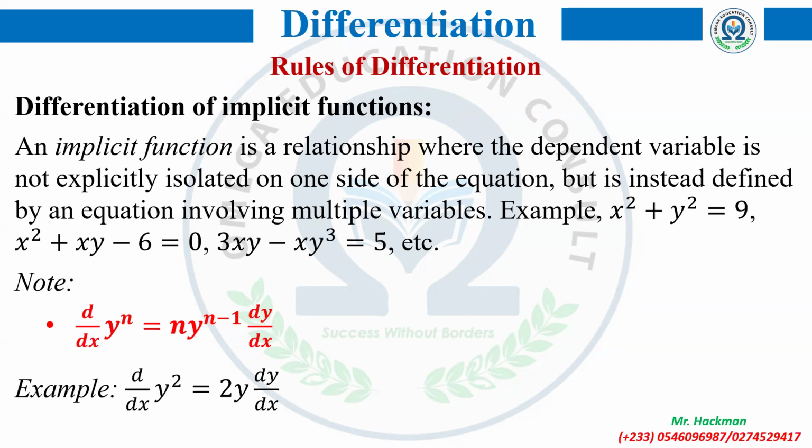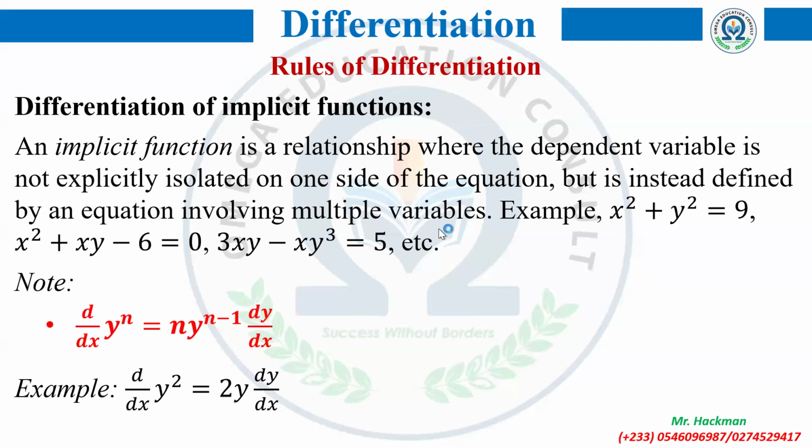But before we can deal with implicit functions, we should be able to recognize such functions. An implicit function is a relationship where the dependent variable is not explicitly isolated on one side of the equation, but is instead defined by an equation involving multiple variables.